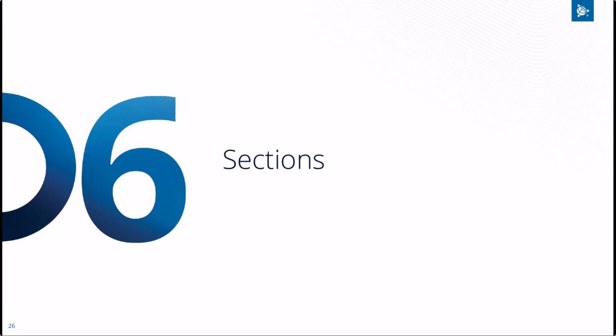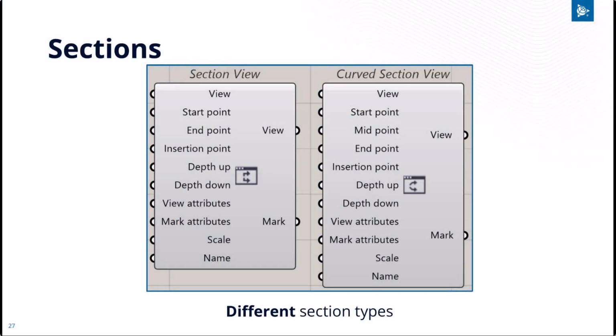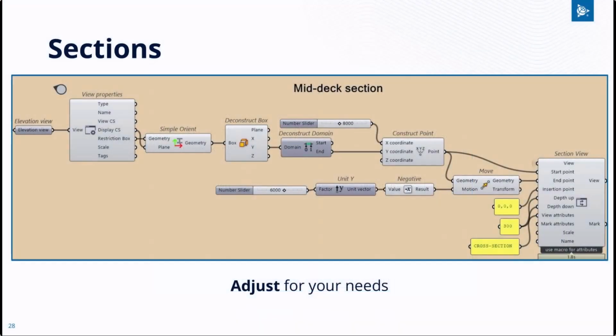Then sections. And with the sections, there are two different approaches. You can place the normal, typical line section or the curved section. And the curved sections are especially useful in terms of bridges where you have some curvature. As you can see, there are quite a lot of different inputs because you need to provide the line and also the depth, how much of your 3D space you will see forward and backward, but you will figure that out. Just be cautious with making assumptions about the sections.